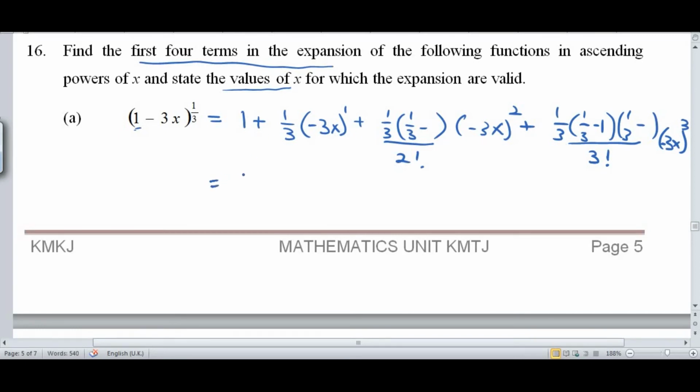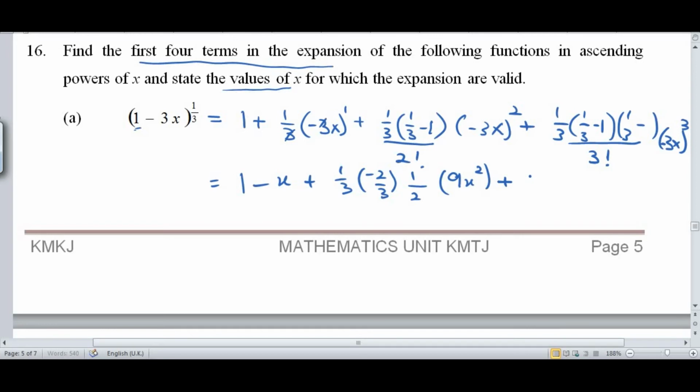Now we have to simplify this. From here you will get 1 for the first term, and then negative x for the second term. The next one gives plus 1/3 times (1/3 - 1), which is negative 2/3, and 2 factorial you can write as 1/2, and then (-3)^2 gives you 9x^2.